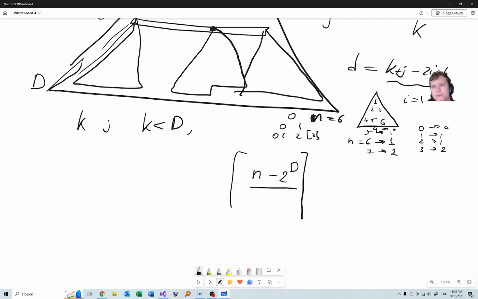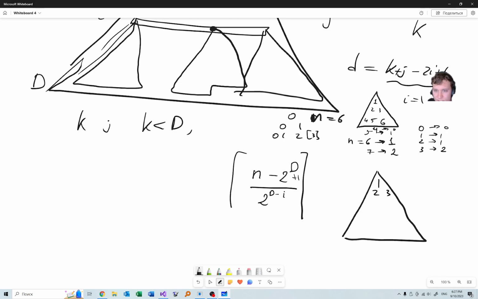No, we do not need to round up anything. I think we need to take plus 1 here and divide it over 2 to the d minus I. Okay, let's check it for something else.